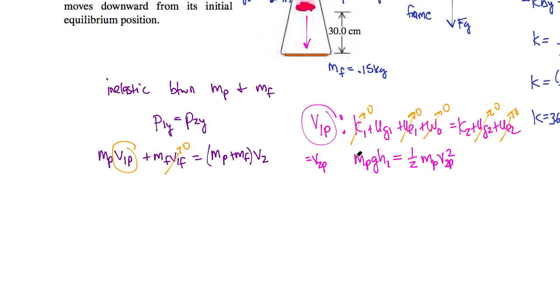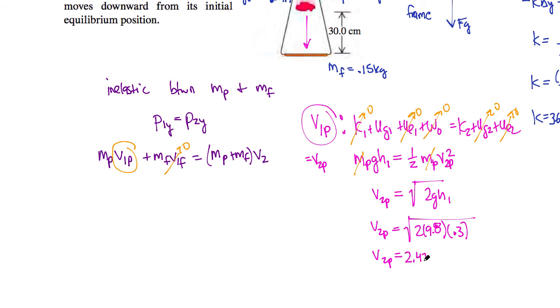So mass of the putty cancels out, and we find that V2 of the putty is going to be the square root of 2GH1, which for this situation is just the square root of 2 times 9.8 to be consistent, times H1, which is 30 centimeters or 0.3 meters, all square rooted. So V2 of the putty will end up being 2.425. And so that's meters per second.